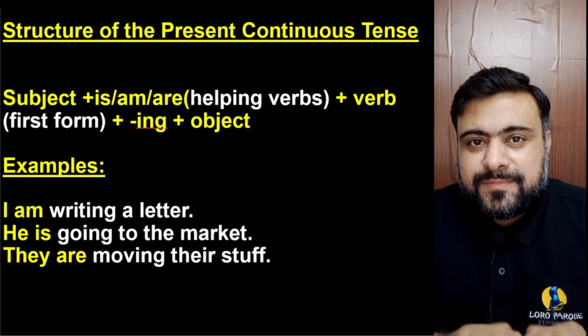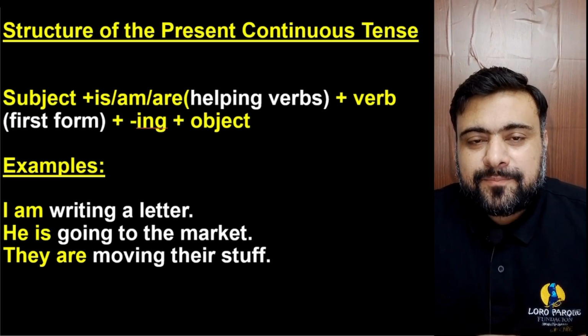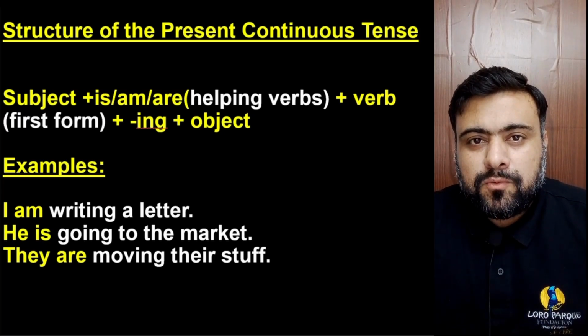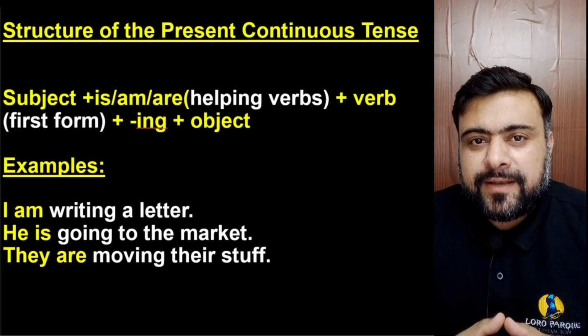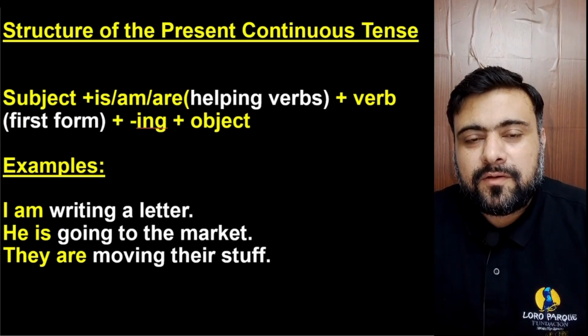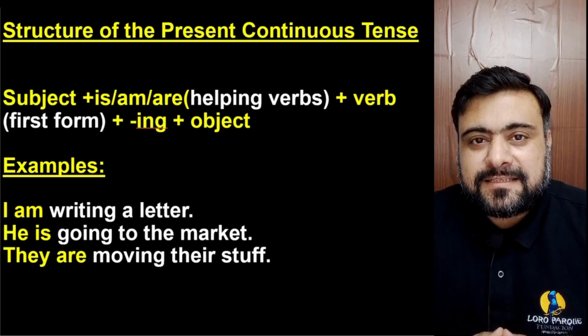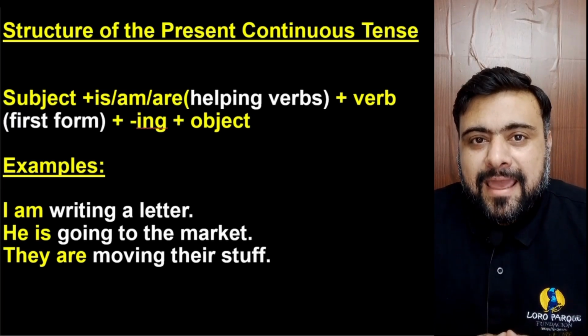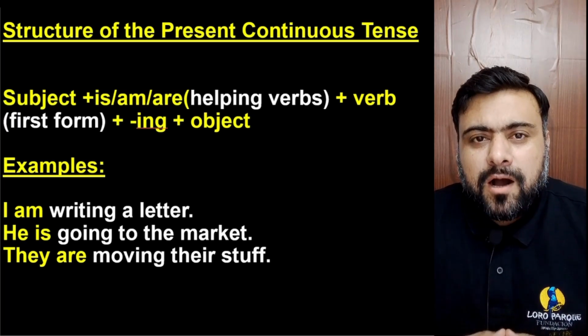And if the subjects are they, we, you, or any plural nouns, then the helping verb is are. For example, he is, I am, you are.